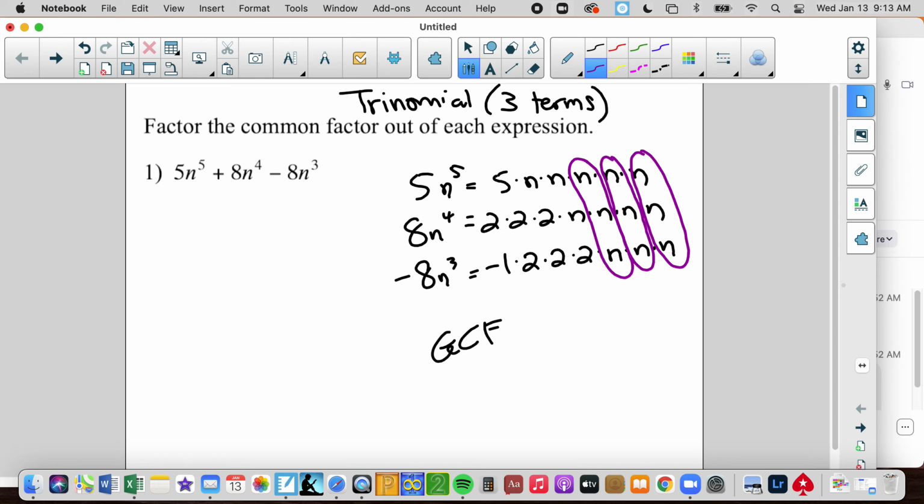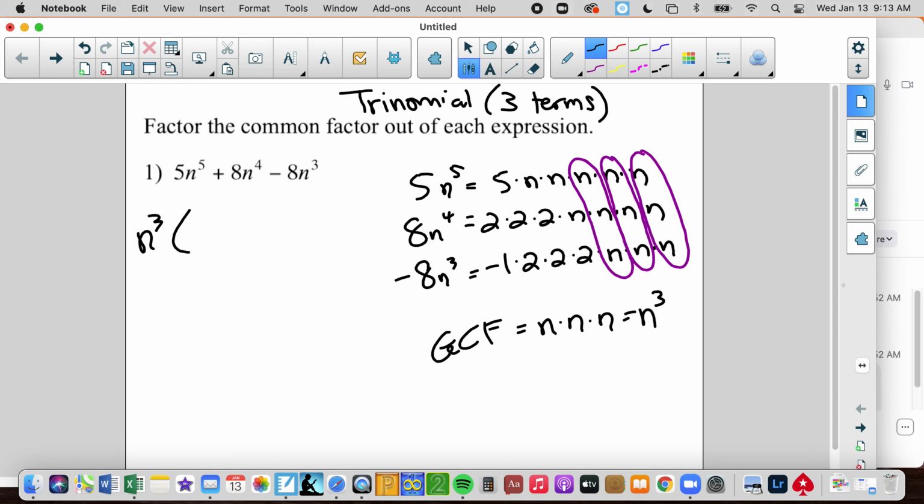All three must have this factor in common. Now here's an interesting thing: they have nothing else in common. They have no constants. These don't have a 5, and even though these two have 2's, this doesn't have a 2. So that is our GCF. Our GCF can consist of just variables. So my GCF is going to be n to the third.